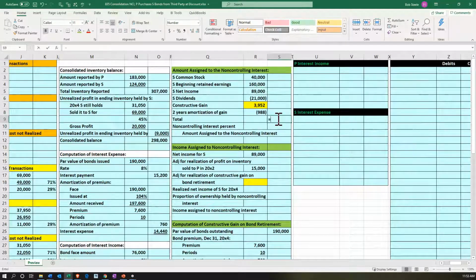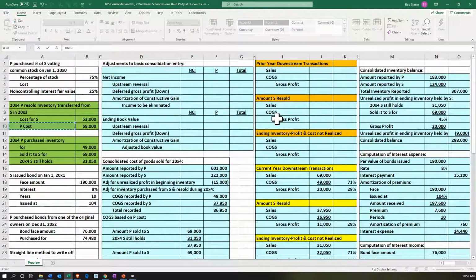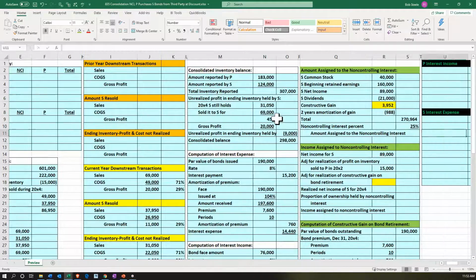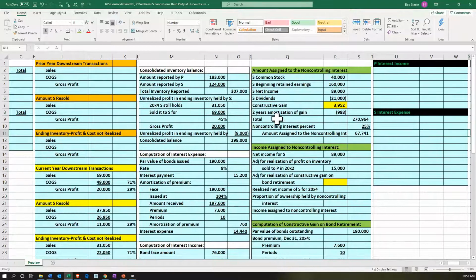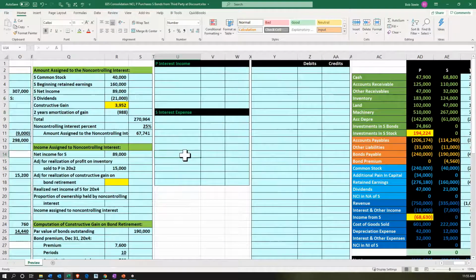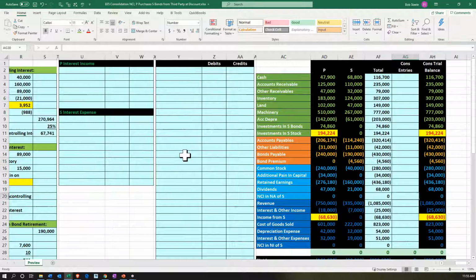I'm going to sum these items, and then take the non-controlling interest percentage, which is the 25%, and that's what we're going to be allocating. So that's 270,964 times the 25%. There's the 67,741. That is what we expect this number to be after we do our adjusting or elimination entries.